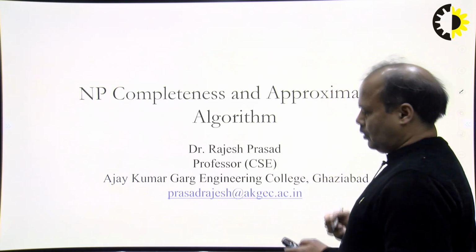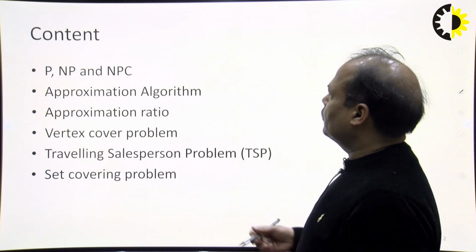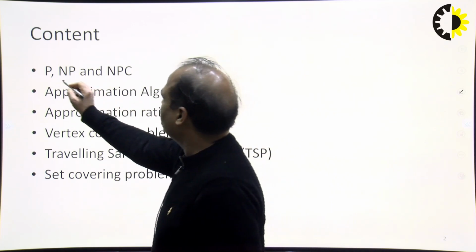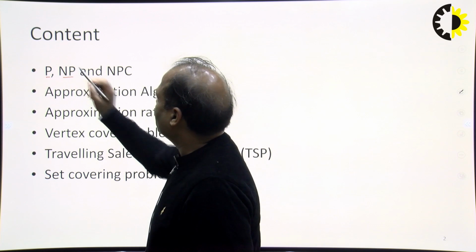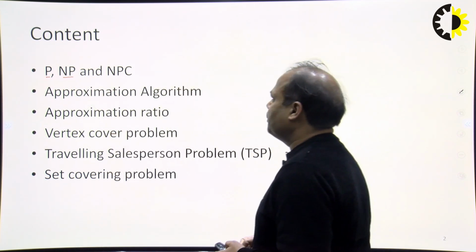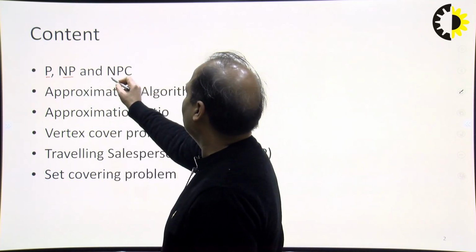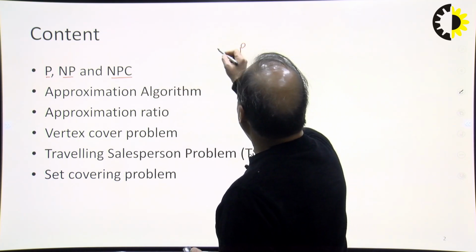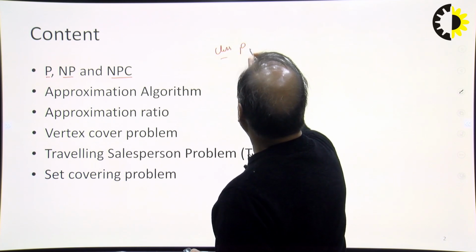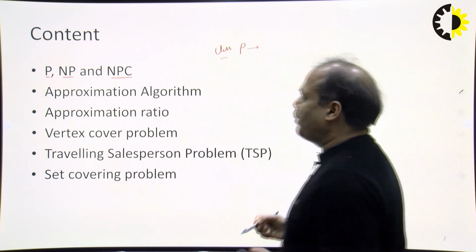So, in this, what we are going to discuss is a problem which is in class P category, another problem in NP category, and one in NPC category. So what is P? Class P problems are the problems which can be solved in polynomial time.